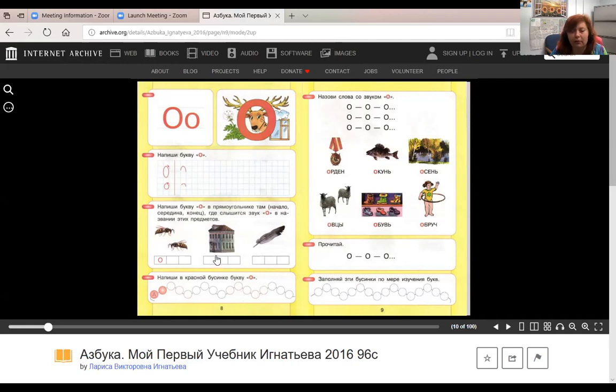Dom, house, dom, it's in the middle of the word, they would write O in the middle. And this is pero. Pero has the O letter and sound at the end. They would write it here.